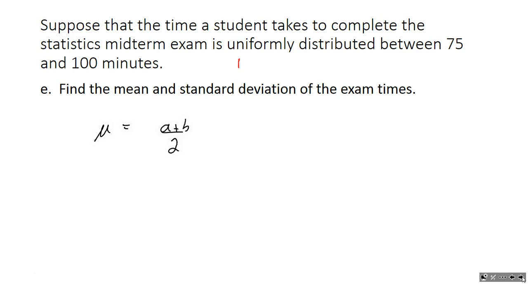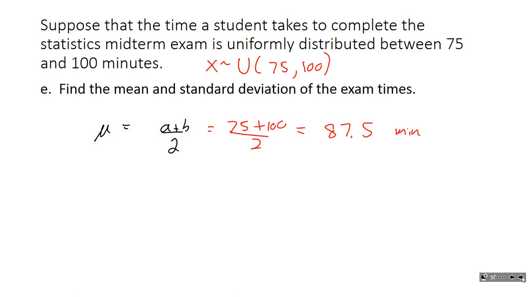The way this uniform distribution could be written is that x is uniformly distributed from 75 to 100. Well, a and b refer to the 75 and the 100. So the mean would just be 75 plus 100 over 2. Easy calculator problem. Comes out to be 87.5. In terms of units, in other words, the mean would be 87.5 minutes.